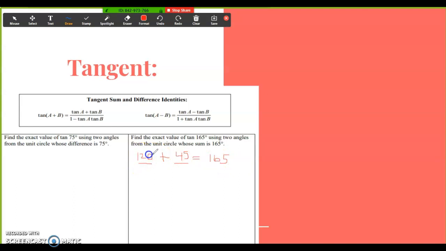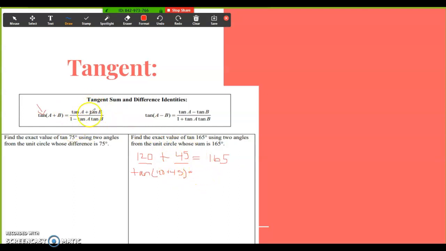So now I'm dealing with the same angles again. I am going to be taking the tangent, but this time I'm summing, so I'm using this formula of 120 plus 45. And I'm going to be using this formula, substituting for angle A 120 and angle B 45. Now remember, this is going to be a plus minus deal.